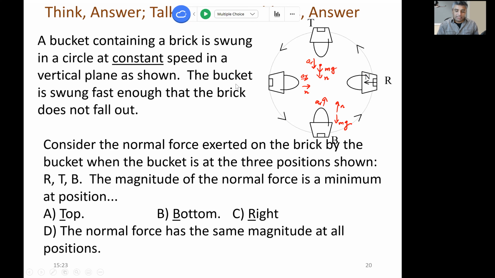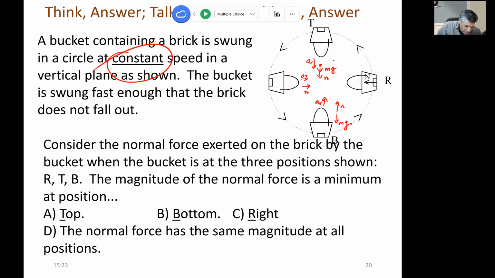So here it says constant speed. What does that speed provide? Where does that speed come from? Now I cannot spin this bucket. So that speed comes from, in this case, the tension, the force I'm applying, right?